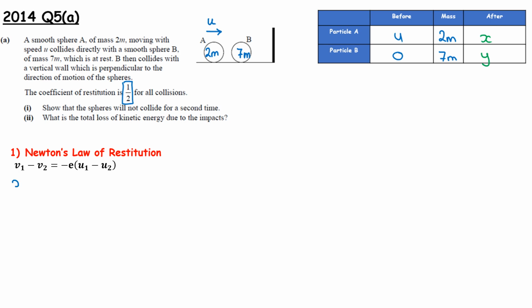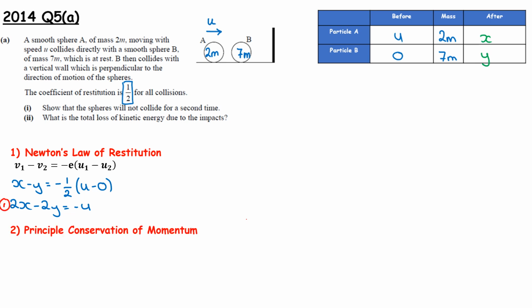So that is x minus y is equal to minus, we know e is a half, and we have u minus 0. So that is 2x minus 2y is equal to minus u. And that is equation 1.